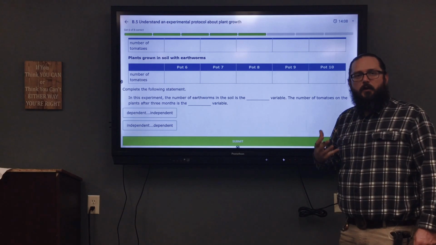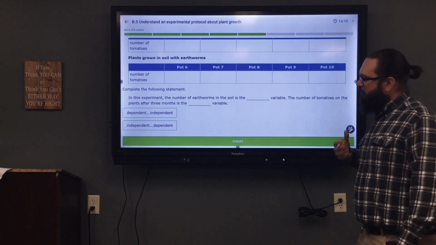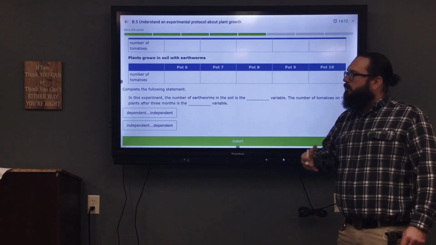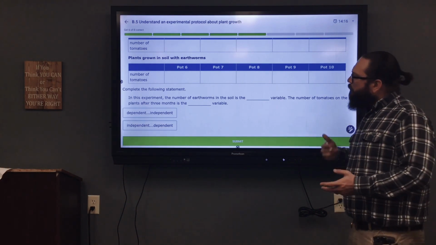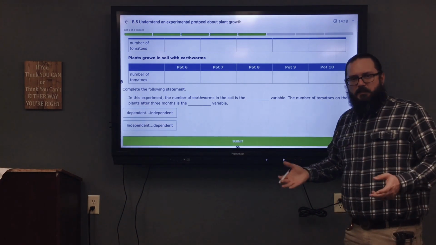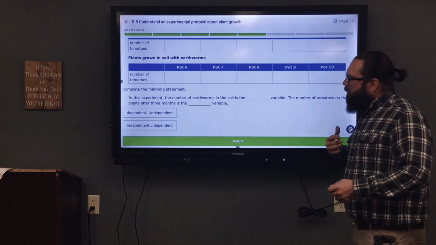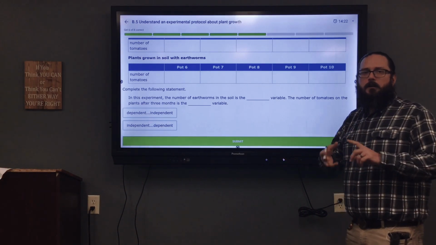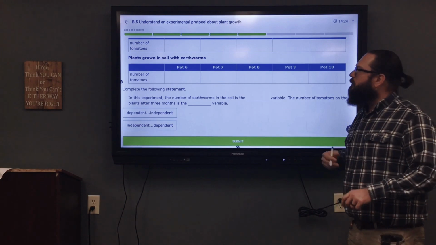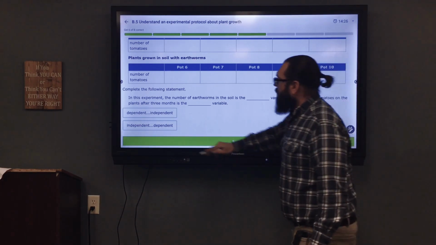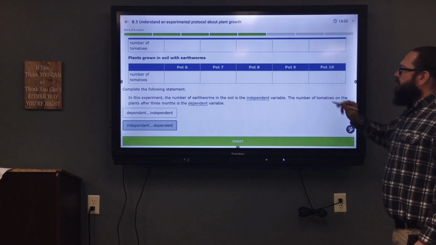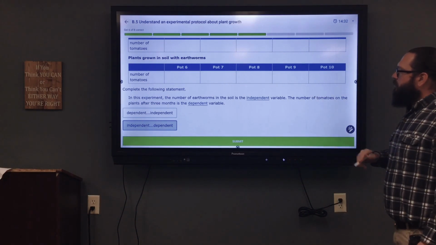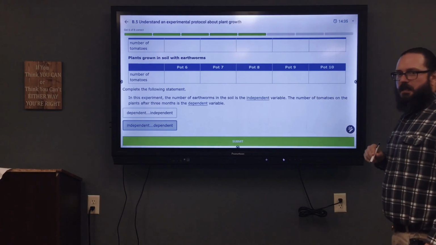We have no control over that. It's going to be dependent upon all of the factors at play in regards to the experiment. It's going to be dependent upon, of course, the water, whether or not there's earthworms, and so on. So our correct answer is independent first, dependent second.